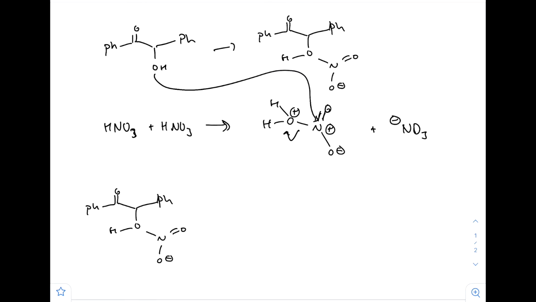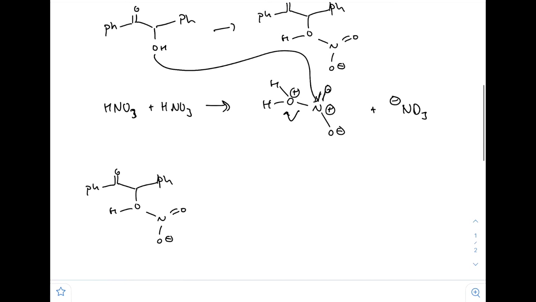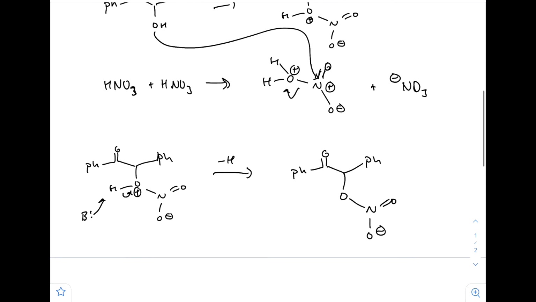Okay, so we took this guy, and now we have that positive charge on that oxygen, so obviously we want to remove that positive charge and give us all the good stuff. Okay, now remember we've got this hydrogen here, so a base can come along and remove that hydrogen, create that carbon-oxygen double bond, and then kick that out.